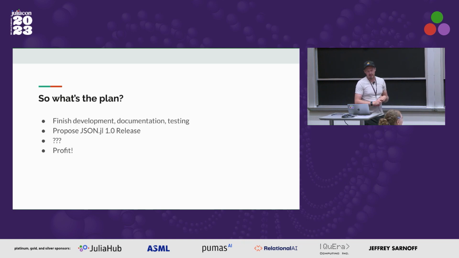So here's the drop the mic slide, which is I actually want to propose this as a JSON package 1.0 release. That's my evil plan to take over the world and consolidate everything into one JSON package. Because I feel like, at least for me, this is the JSON package that will be the end of my JSON packages. So I'm finally ready to say I think this should be the 1.0 release of JSON.